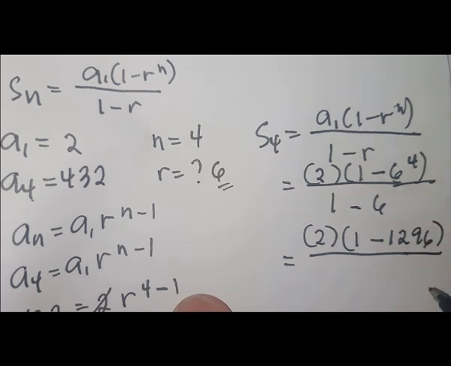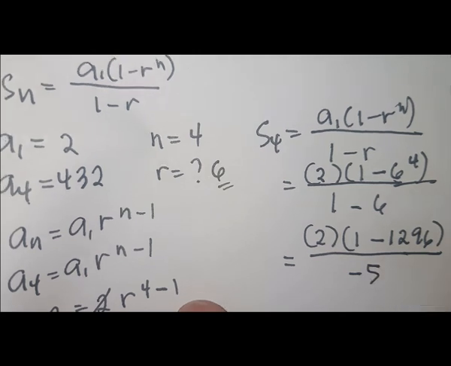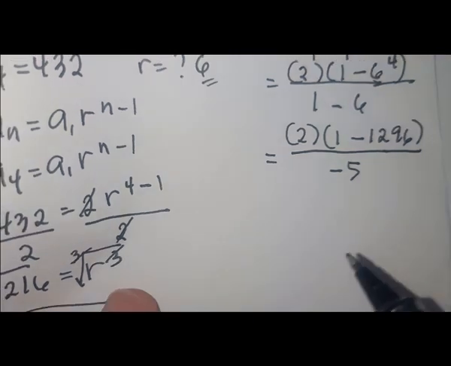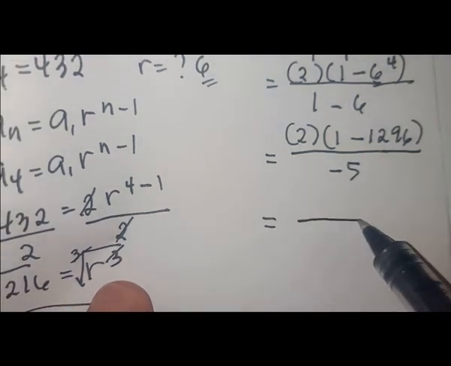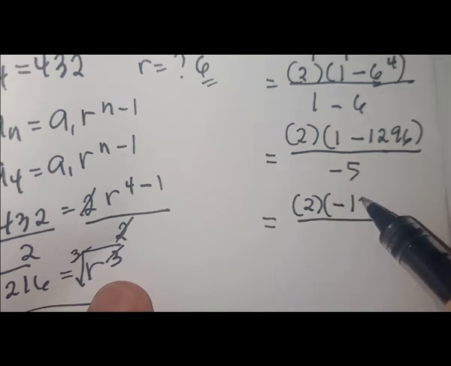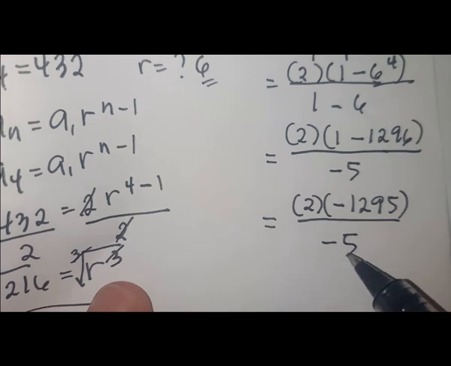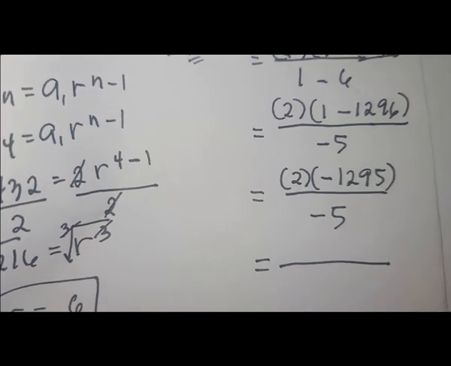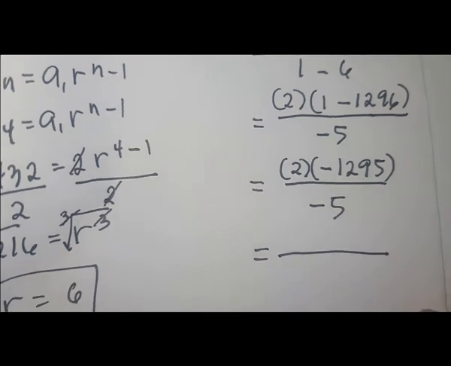1,296 over 1 minus 6 is negative 5. Okay, so 1 minus 1,296, subtract natin siya, magkakaroon tayo ngayon ng 2 times negative 1,295 over negative 5. So, multiply natin yung 2 and negative 1,295.